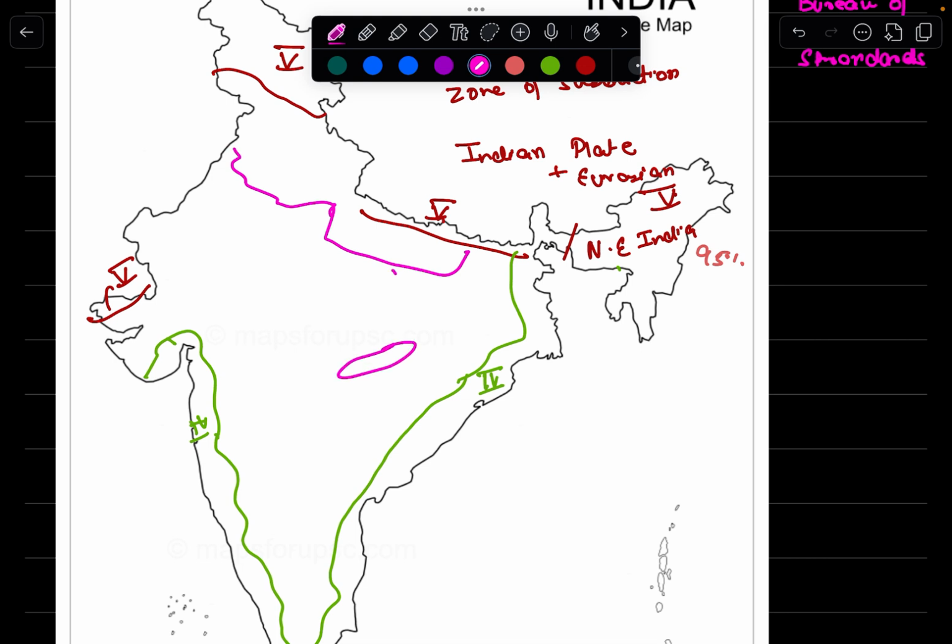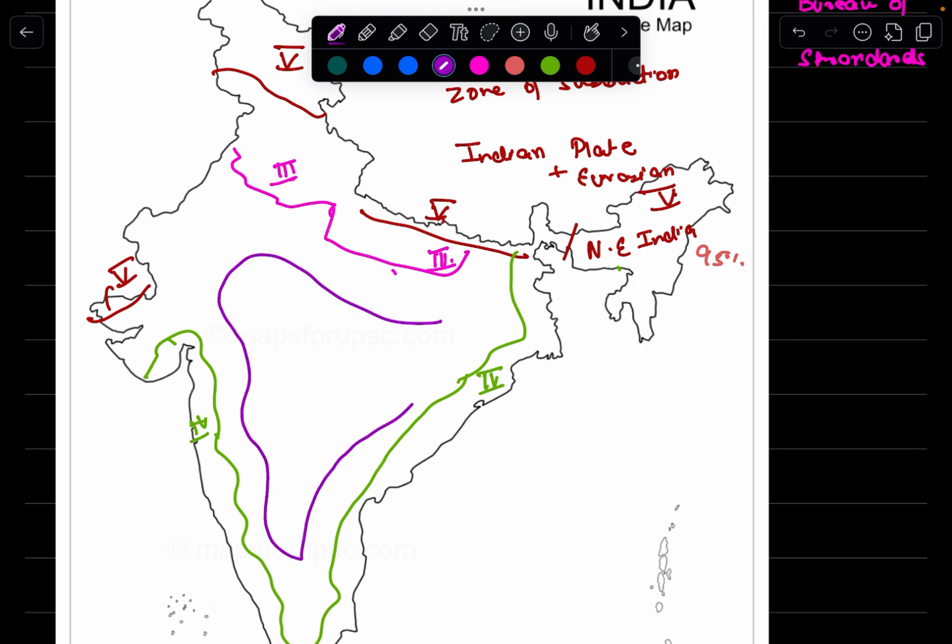This is zone 3, and most, not all, but most of central India lies in zone 2.